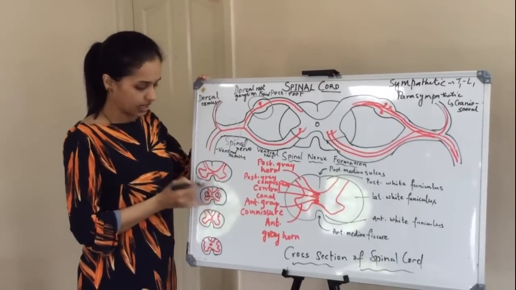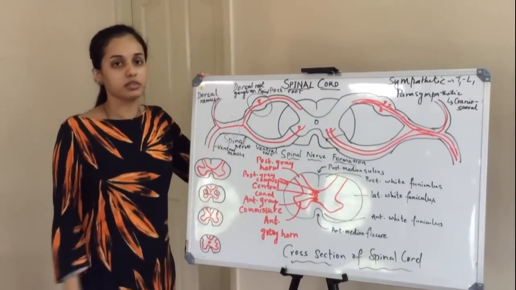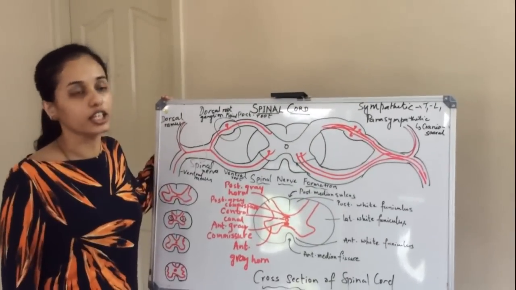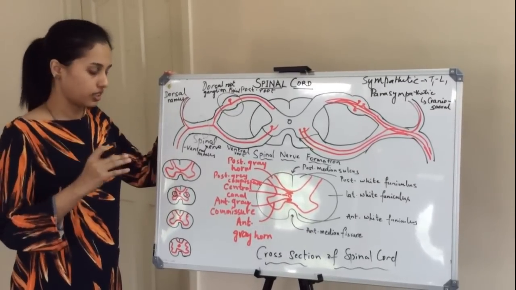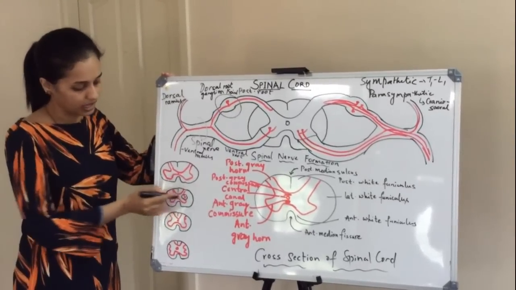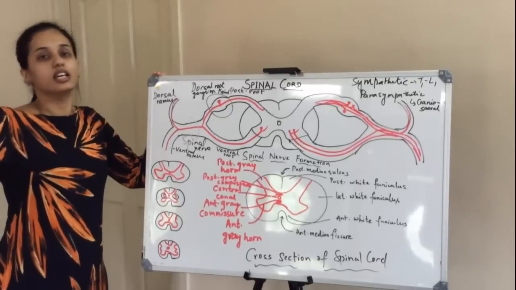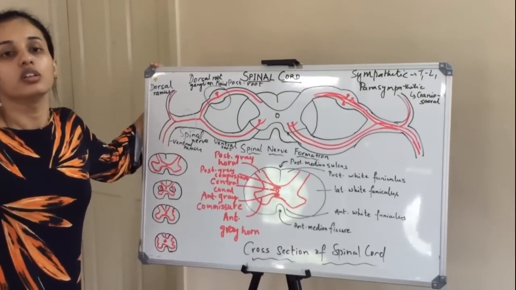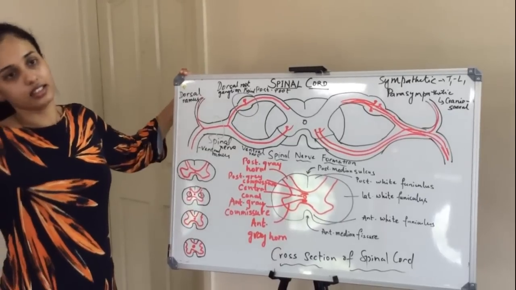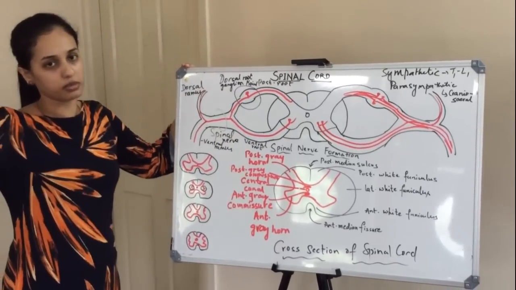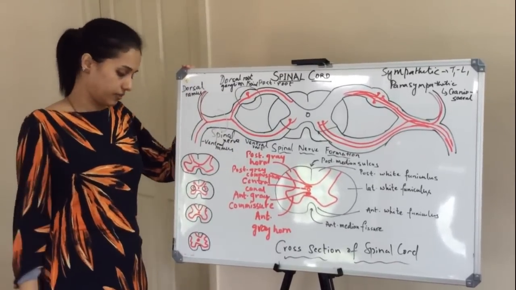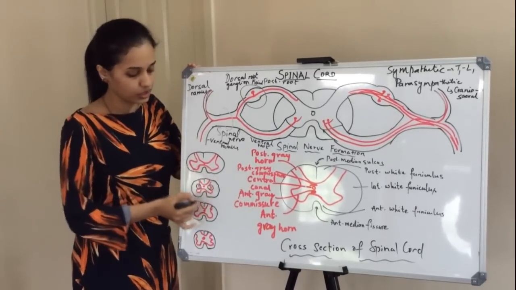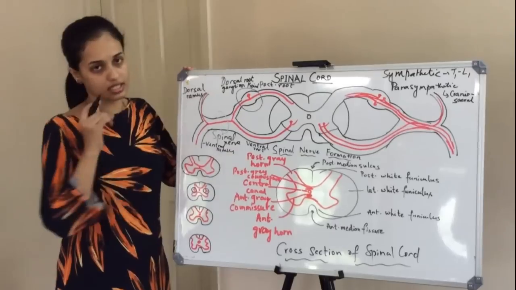These cell bodies and the nerve fibers are called preganglionic nerve fibers. After exiting through the ventral root, they relay or synapse in the sympathetic ganglia, and then the postganglionic fibers arise and supply the effector organ. So this is one of the features if you take a section at the thoracic region.